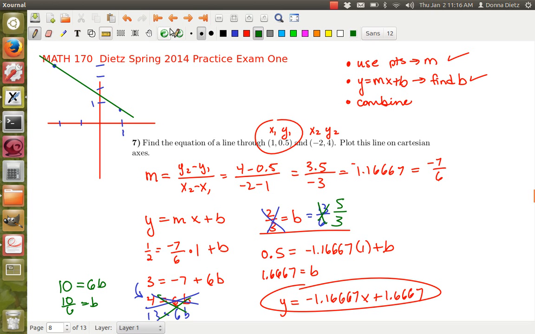There's a line. And then this is y equals -1.16667x plus 1.6667. Have you done enough to plot it? Yeah, you've got 2 points. You've got the y-intercept. It doesn't say to label everything. If you want to be really nice, you can label the intercepts. It doesn't say to, so you're not actually required to.